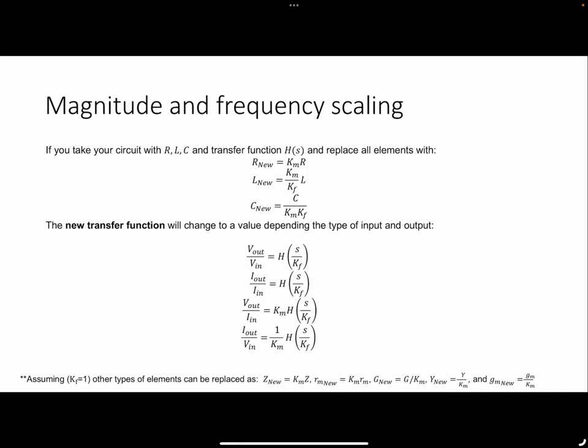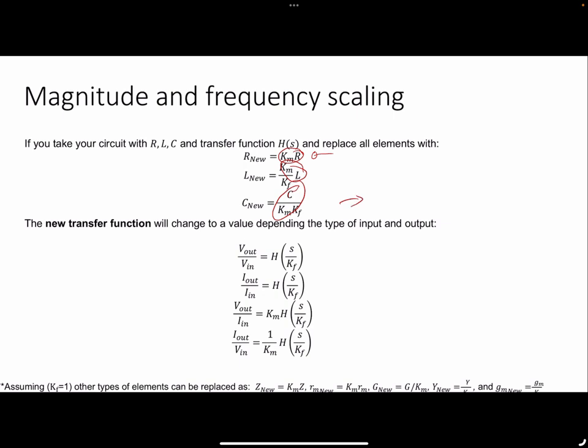So we went over this yesterday, but basically if you want to magnitude scale a circuit, you multiply all impedances by Km. So in the case of the resistance, you multiply by Km. In case of the inductance, you multiply by Km. In case of the capacitance, you divide by Km, because remember that the impedance is proportional to 1 over C. And so when you multiply that impedance by Km, you divide the capacitance by Km.